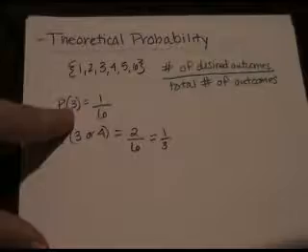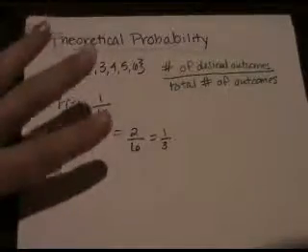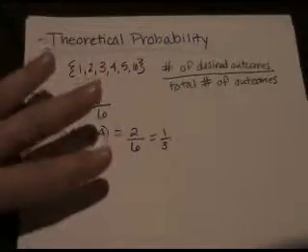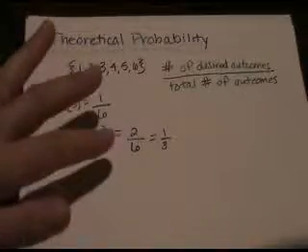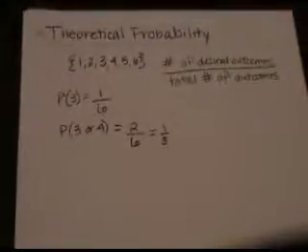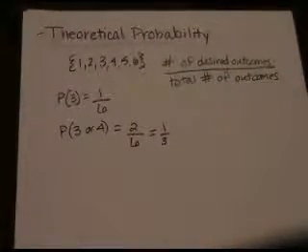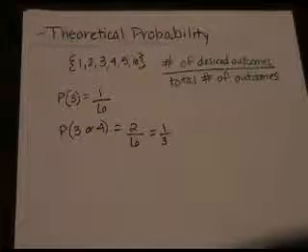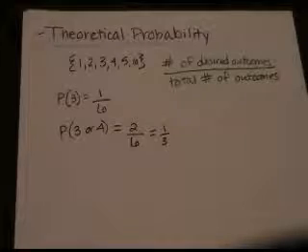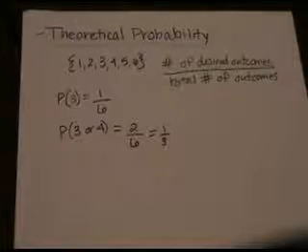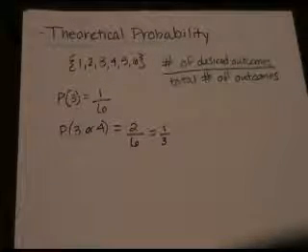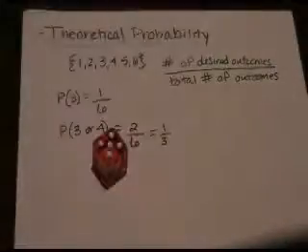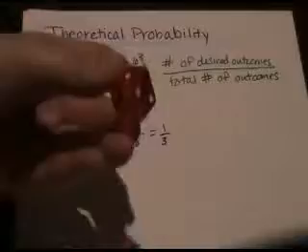That's theoretical probability. It's the actual probability behind something happening. Okay, so just to recap, experimental probability is based off of an experiment, where theoretical is not. Theoretical probability is what should happen based off of the actual die or whatever situation you're using.